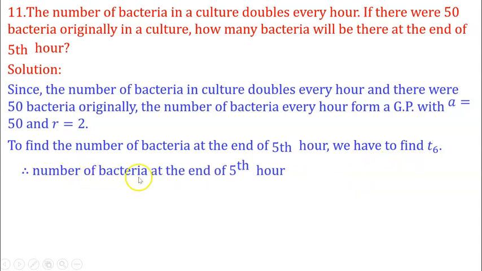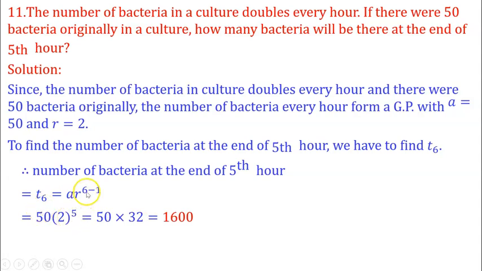Therefore, T6 equals A into R raised to 6 minus 1. Substitute the values: A is 50, R is 2, 6 minus 1 means 5, that is 2 raised to 5, which is 32. 50 into 32, then you will get 1600. Okay.